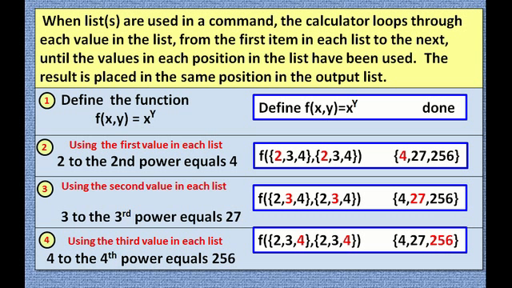Using the first value in each list, 2 to the second power equals 4. Next, using the second value in each list, 3 to the third power equals 27. And last, using the third value in each list, 4 to the fourth power equals 256.